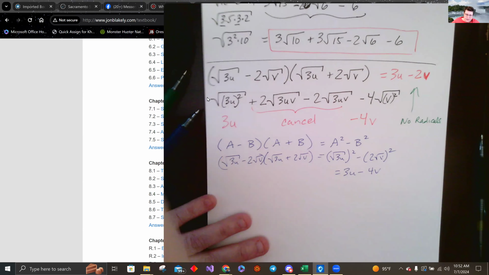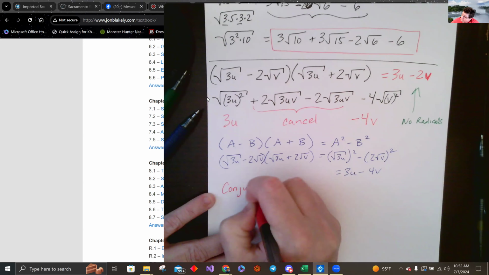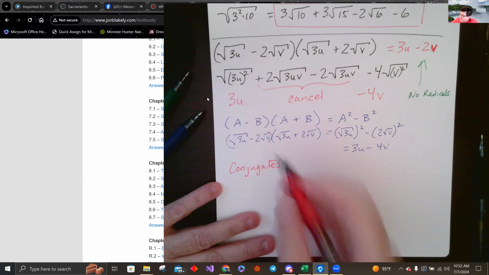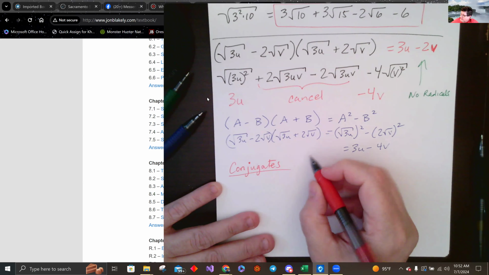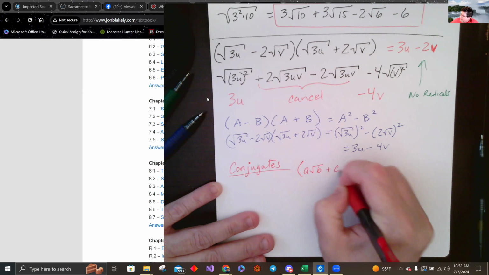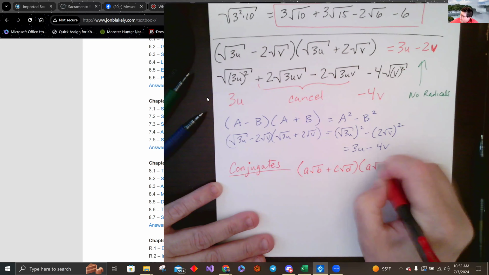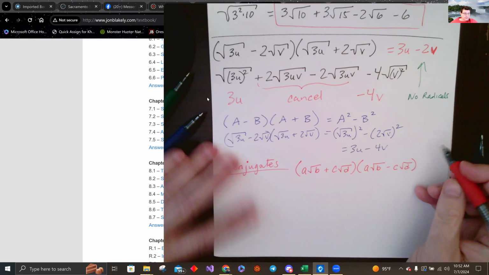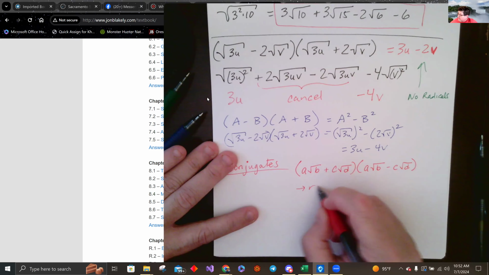These are called conjugates. If we have a root b plus c root d, and we multiply it by a root b minus c root d, we get a radical free product.